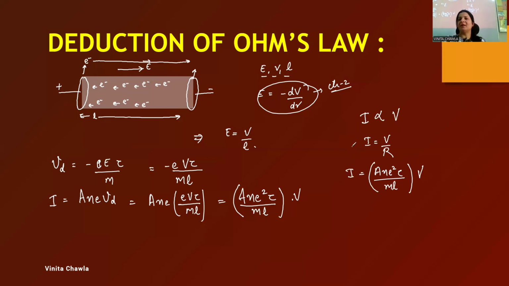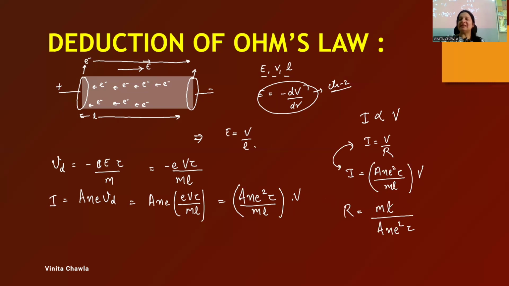On comparing these two, you can write the expression for R as M L upon A N E square tau. ठीक है जी? मुश्किल है? कोई डाउट, कोई शक, कोई डिफिकल्टी? No? Great. So it's M L upon A N E square tau.